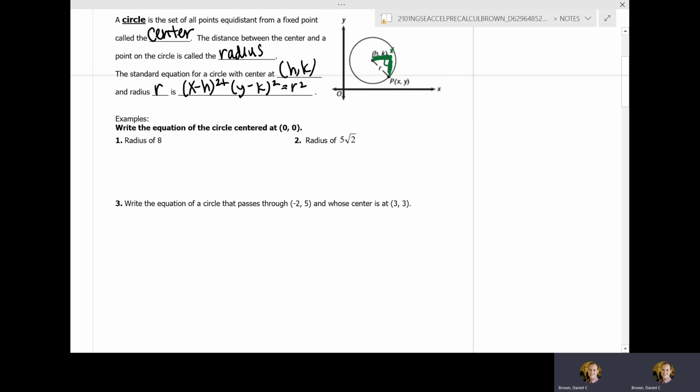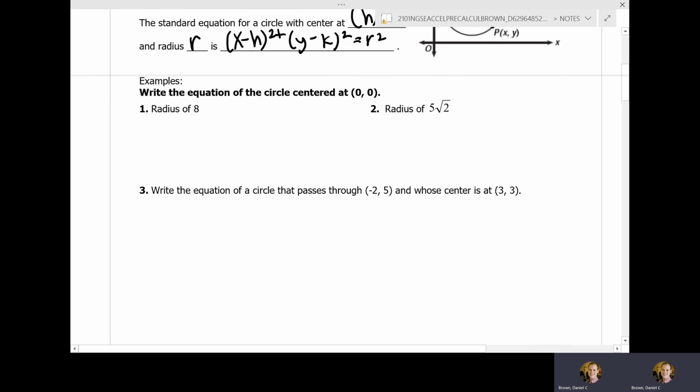Things that we should already know how to do: we should already know how to write the equation of a circle when given certain characteristics. So for example, if I just say this is centered at (0, 0), pretty easy one. So we have (x minus 0) squared plus (y minus 0) squared is equal to 8 squared. That's the radius squared. Often we'll just write this as x squared plus y squared is equal to 64.